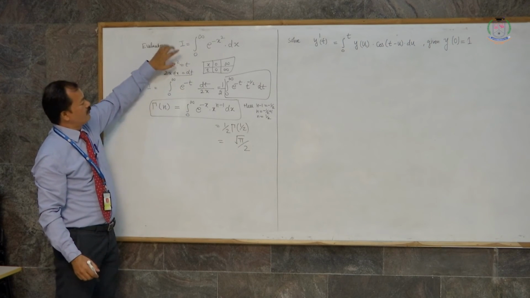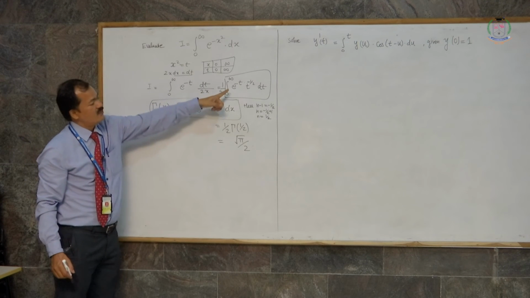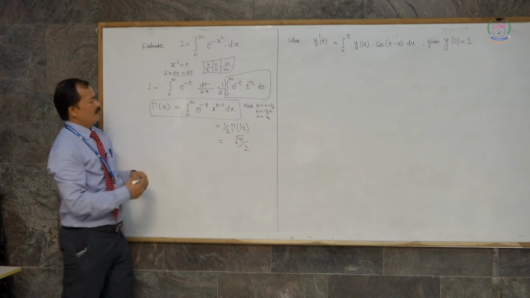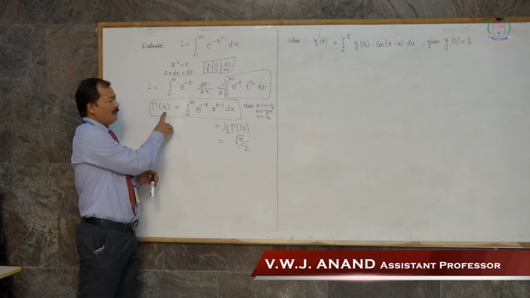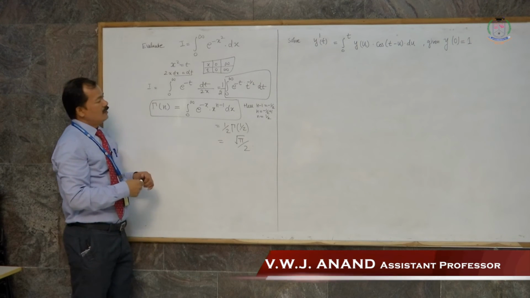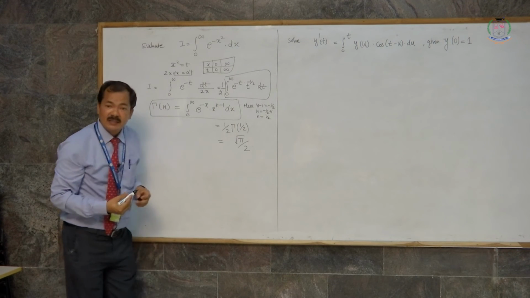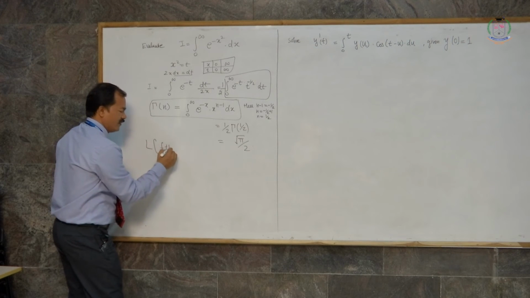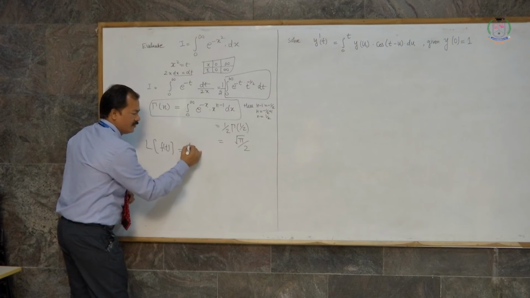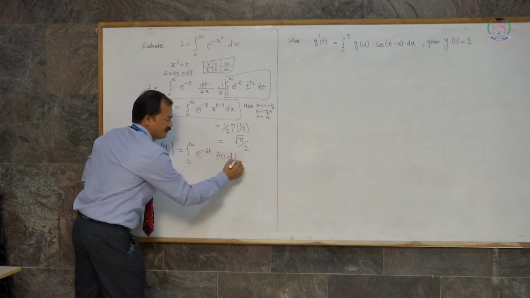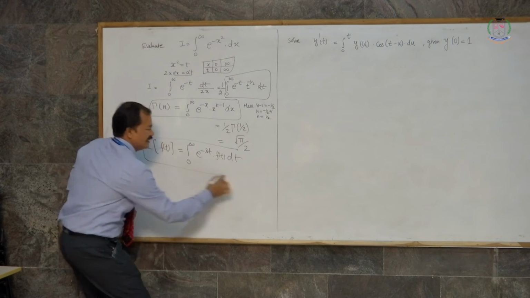Therefore, using Laplace transform also we can solve. This is a direct method, provided you know this gamma function, then we can find the answer root pi upon 2. Suppose you are good enough in Laplace transform, just compare: Laplace transform of f of t is the integral 0 to infinity e power minus st into f of t dt.